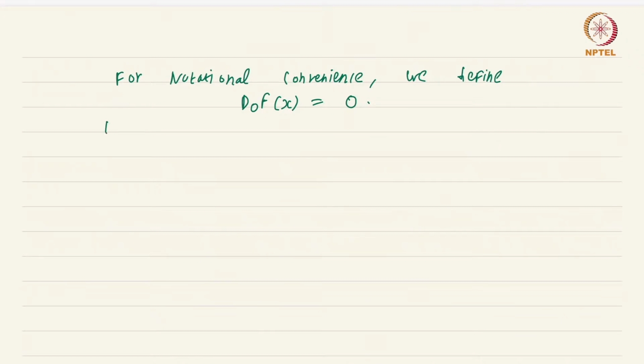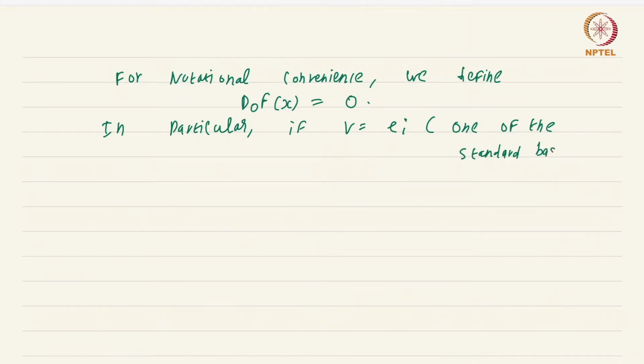In particular, if v is e_i, that is one of the standard basis vectors, we define the ith partial derivative.